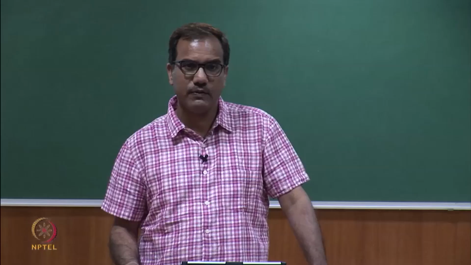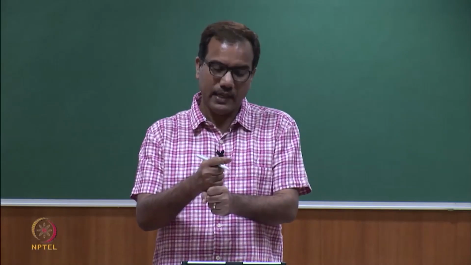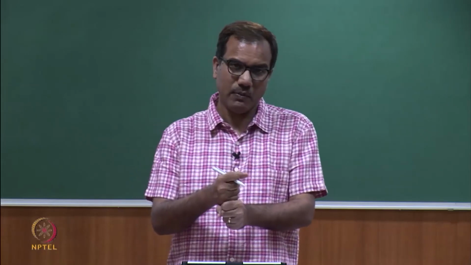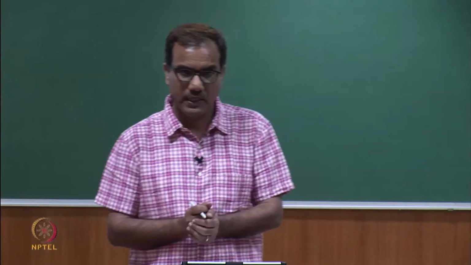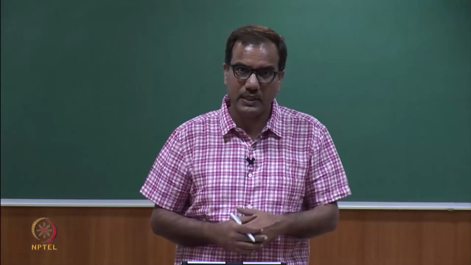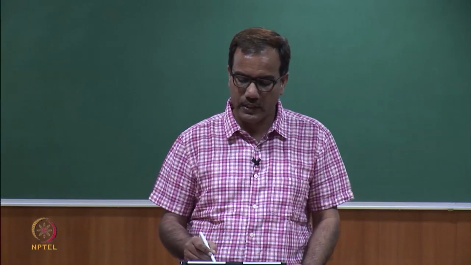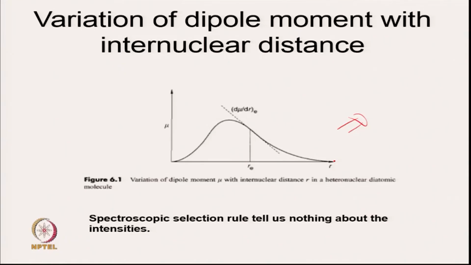For example, if the distance between two atoms is 0, you have two atoms upon each other and there is no dipole moment, and if they are very far apart, then again there is no dipole moment change. So at very low distance and very high distance, R equal to 0 and R equal to infinity, it is going to be 0.